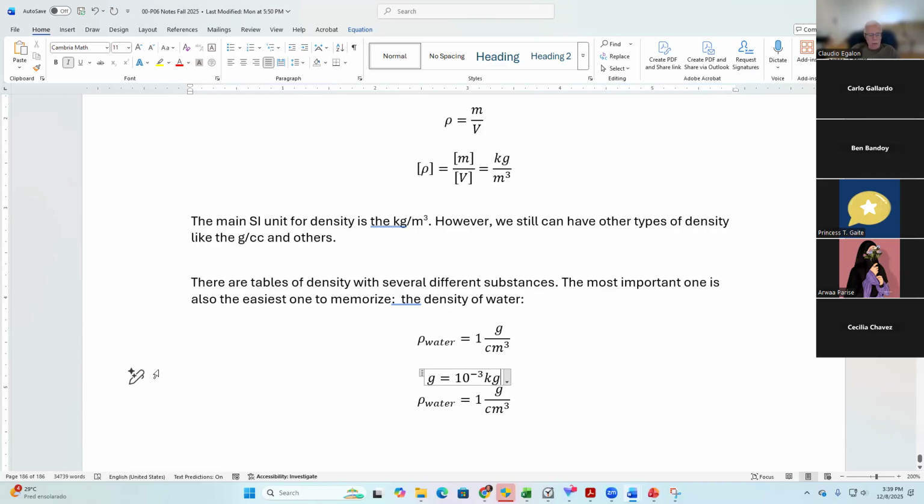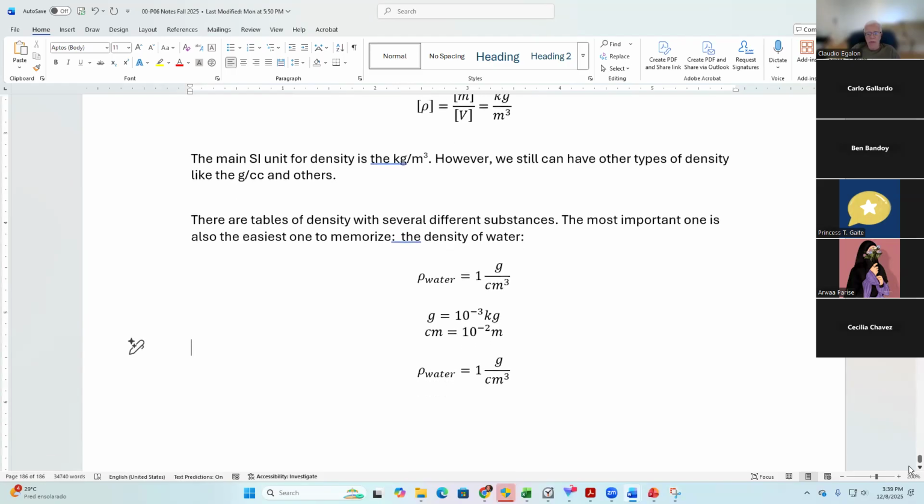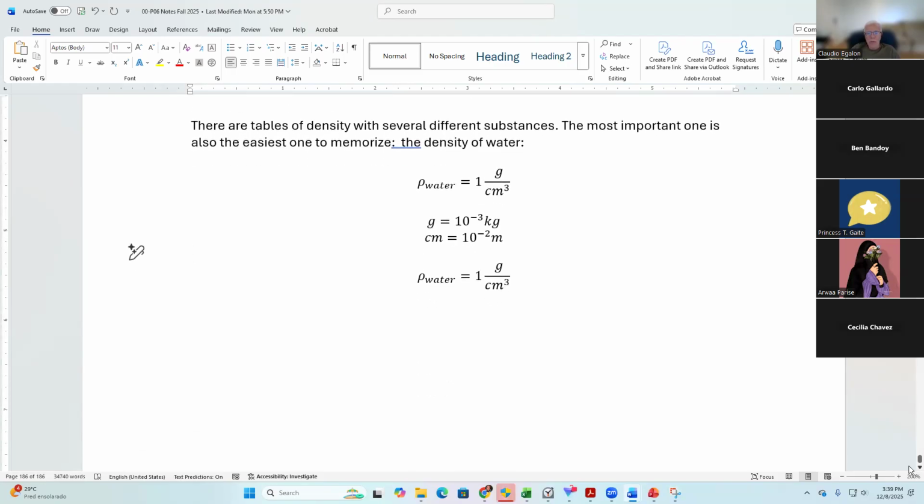And 1 centimeter in terms of meters is 10 to minus 2 meters. Now you just substitute those two relations to obtain the density of water in kilograms per cubic meter. Here you go.